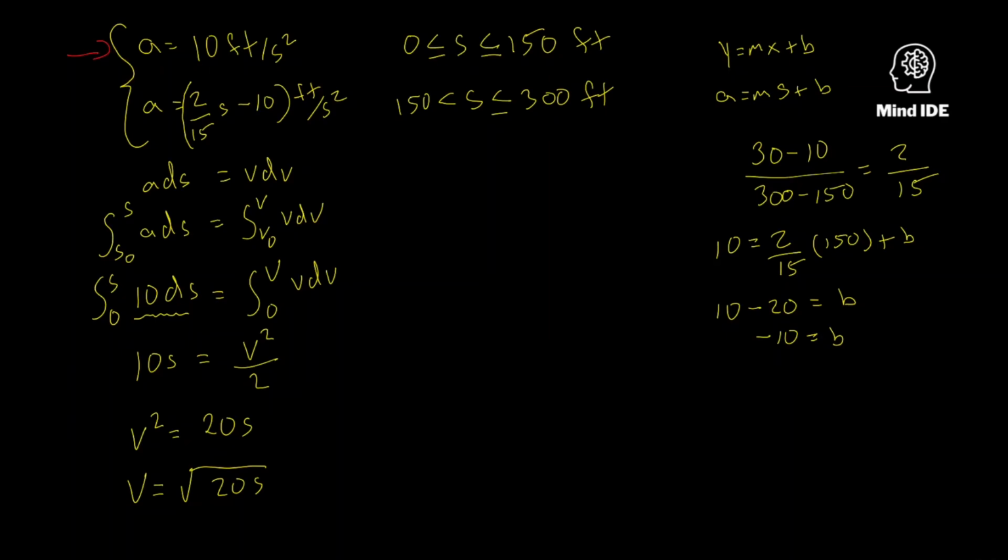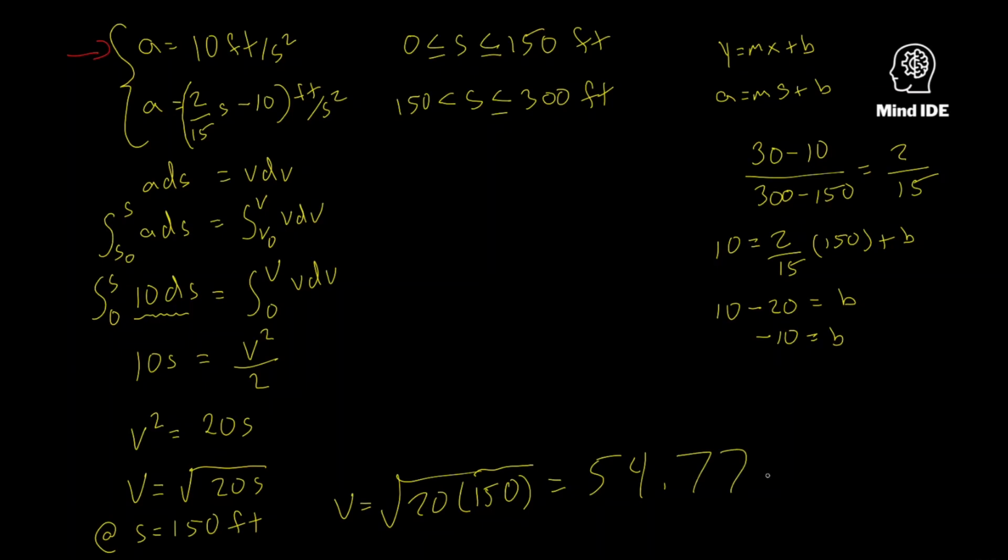So when we are at s equals 150 feet, v equals the square root of 20 times 150, which is going to be 54.7723 feet per second, or maybe just 54.77 feet per second.